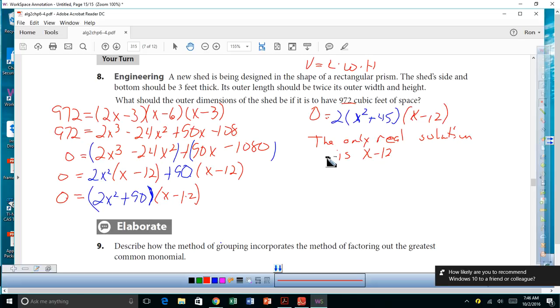So what do we have here? Our length is going to be 24, that's 2 times 12. Our width is going to be 12, and our height is going to be 12. Cool.